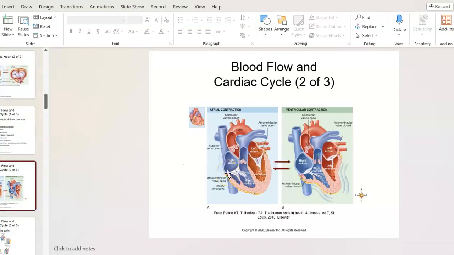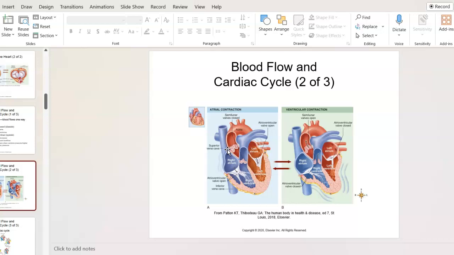So, blood flow. If you can imagine almost like my hand squeezing gently in both the atria, pushing the rest of the blood from the atria down, it'll fill up the ventricles, and then I move both my hands down to the left and right ventricle, and I squeeze those and push the blood out.